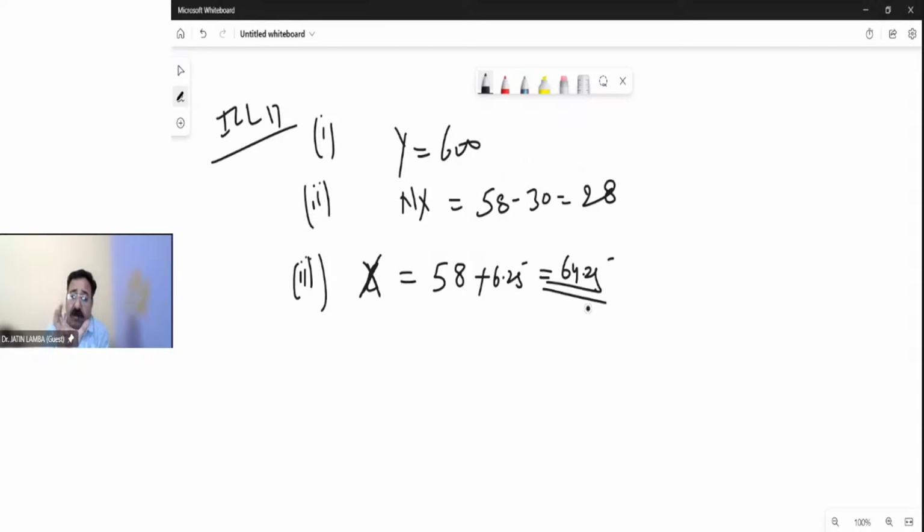The equilibrium level of income which you calculated in the first part, that was 600, and you put that 600 into the second part to get the net export. But if any component gets changed, then the equilibrium level will also get changed.